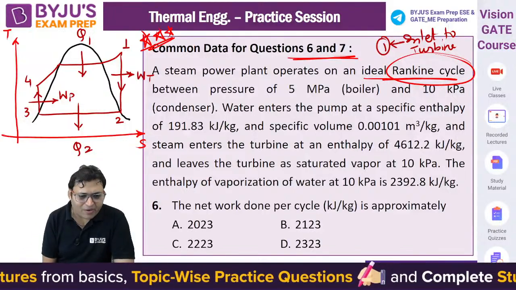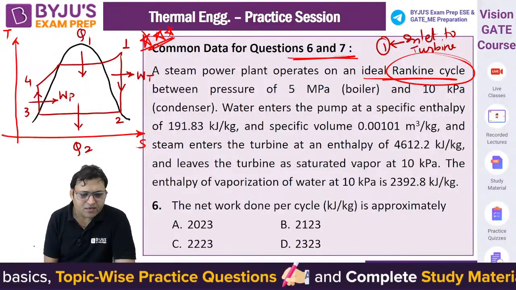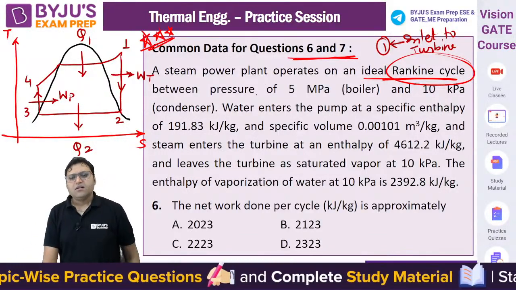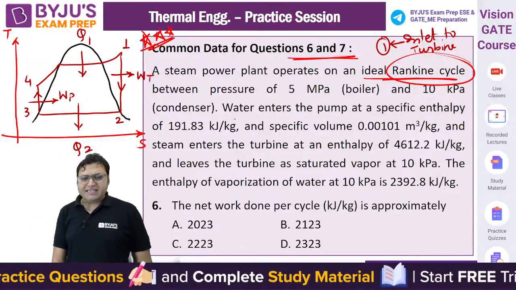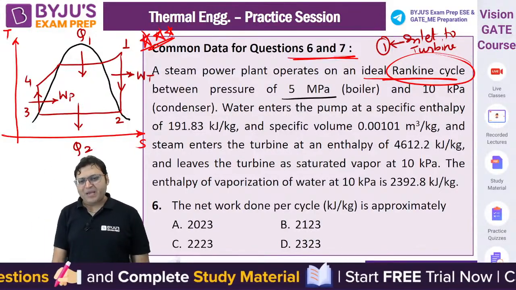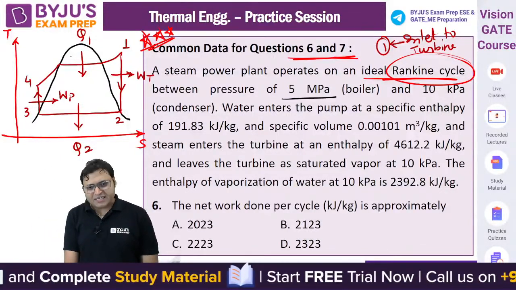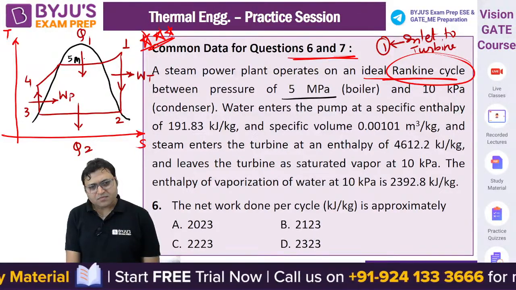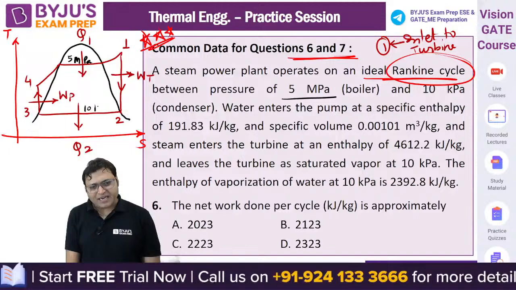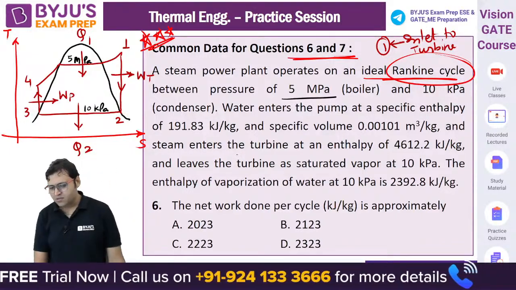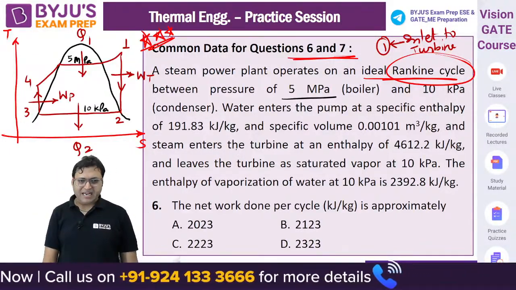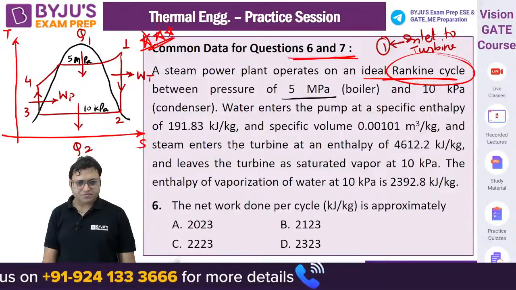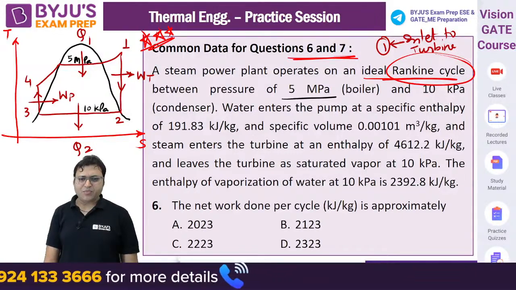A steam power plant operates between pressures of 5 megapascal and 10 kilopascal. 10 kilopascal is the condenser pressure and 5 megapascal is the boiler pressure.